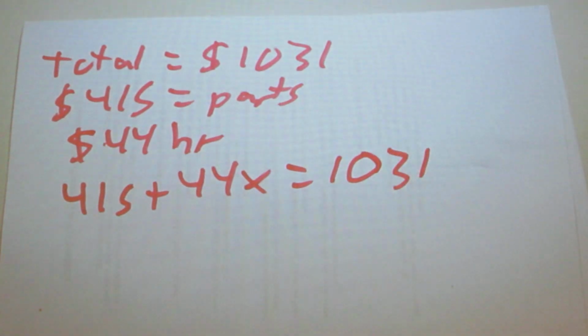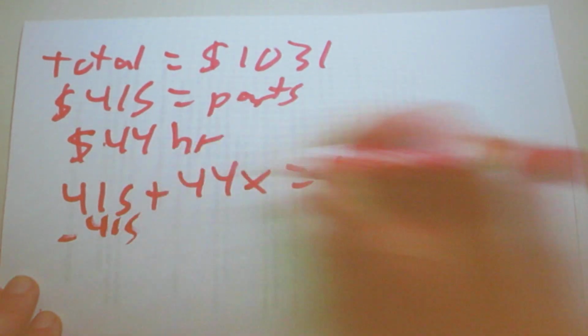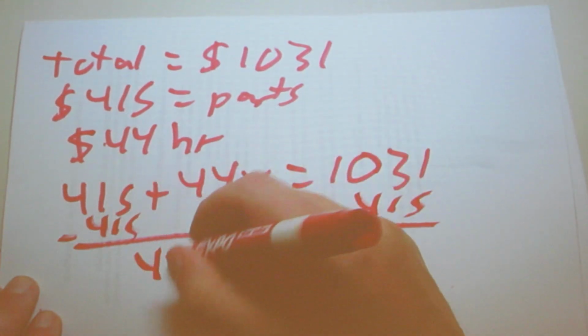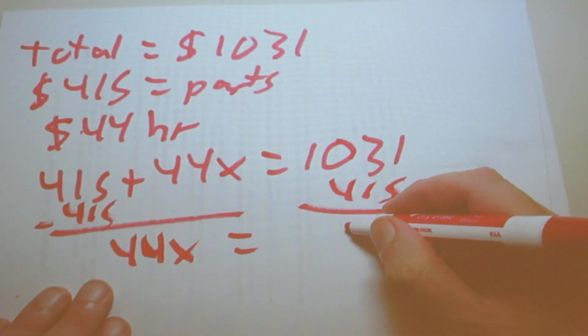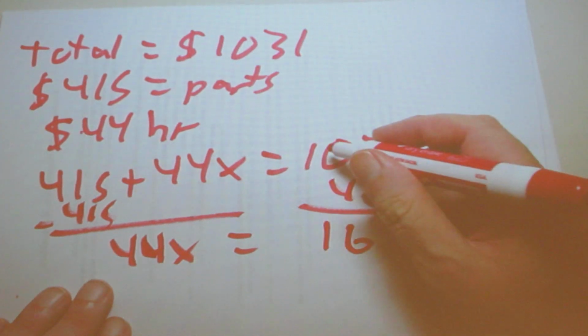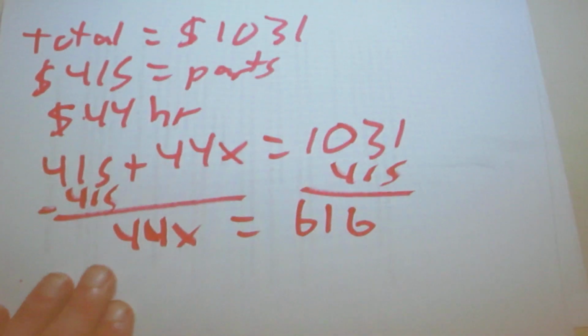So the first part of the question is just to figure out what the equation is in order to find out how many hours. Now we have to solve. We're going to subtract 415 from both sides. We'll have 44x equals 616.